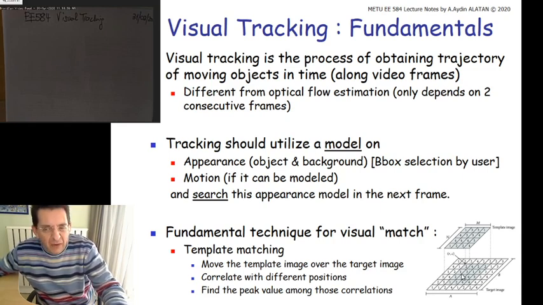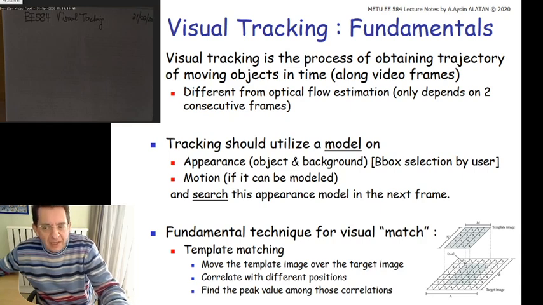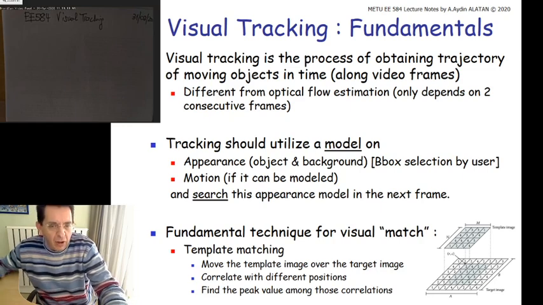And for all these values, whenever it has a peak, that peak is a strong indicator that the template is in the correct place where the matching between two consecutive time instants could be achieved. Okay, therefore that's a very fundamental technique. This is an inevitable technique. The optic flow algorithms, the KLT for example, also basically depend on these kinds of concepts.